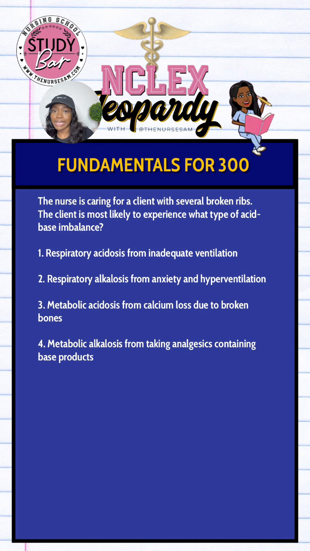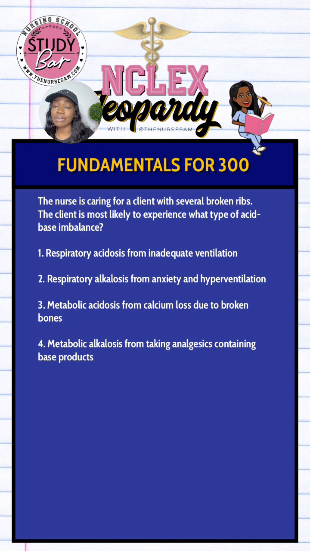So what do we know about this question? Let's break it down like we do in NCLEX Arcade. What is the situation? We have a nurse caring for a client with several broken ribs. What is the problem we have to answer or solve? The client is most likely to experience what type of acid-base imbalance if they have several broken ribs?